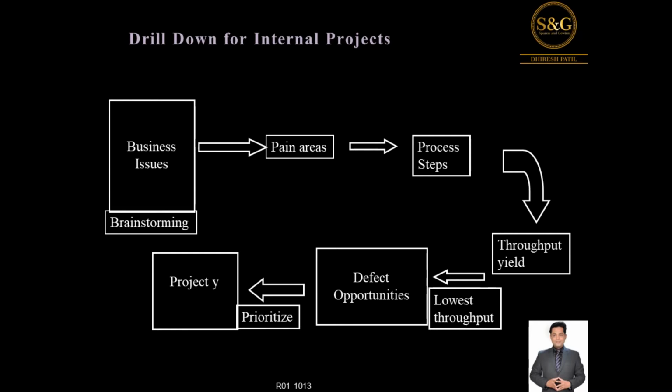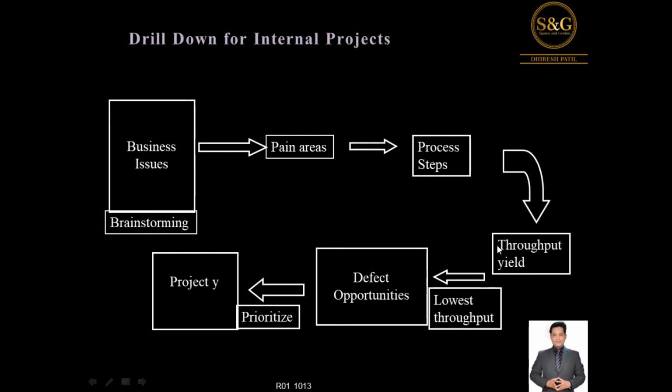If I am producing water bottles, I input 100 pieces of material, and I find 98 water bottles without defect. That is called 98% throughput yield. I hope with this simple example you are clear about the definition of throughput yield.